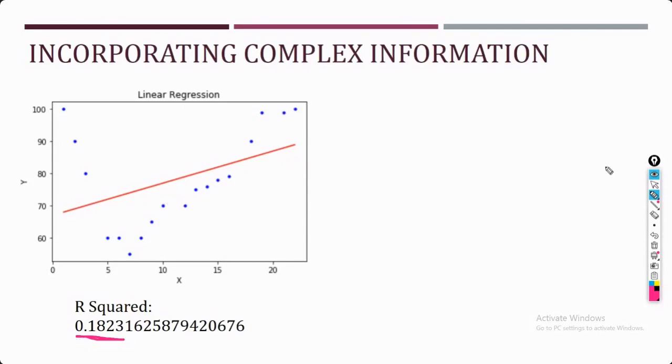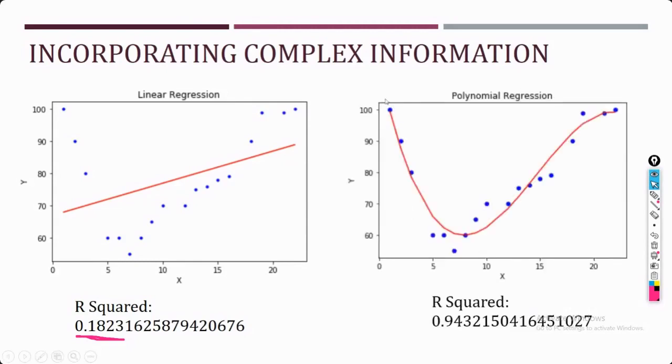If I go with the next one, with the curve structure, then this information is represented very well. Here, instead of using a straight line, I have used this curved structure. Earlier, for the same data set, you were getting 0.18 R square, and for the same data set now you are getting an R square of 0.94.